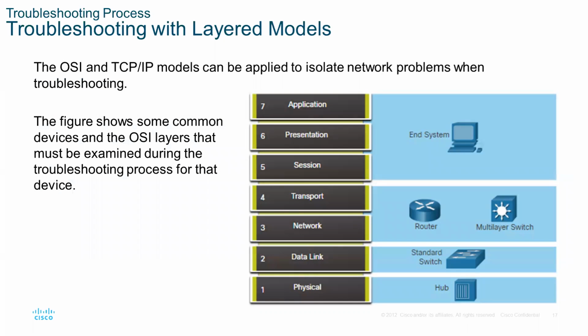Now, you need to understand where your devices sit within the OSI model. Now, we need to know this because the characteristics of problems will depend on where they sit within the OSI stack as well.